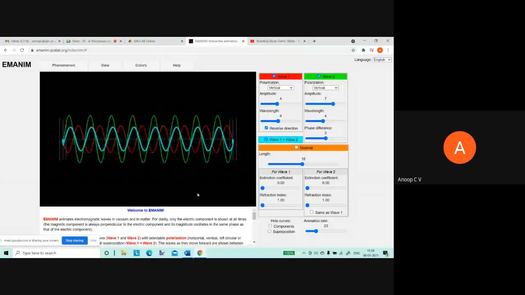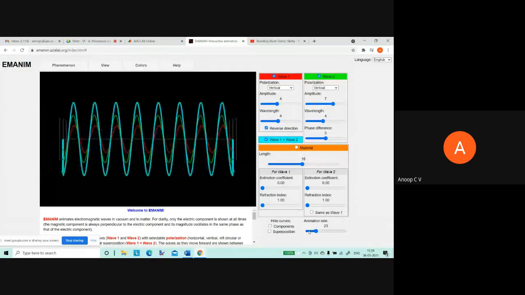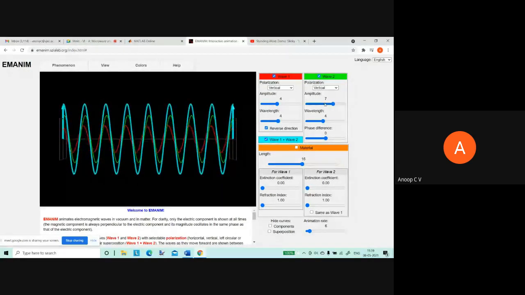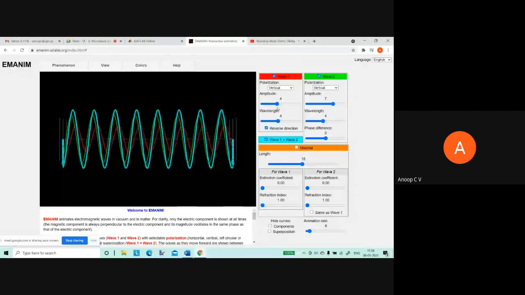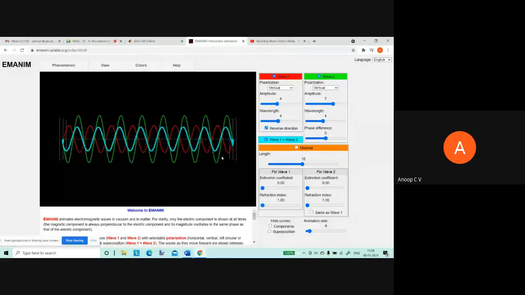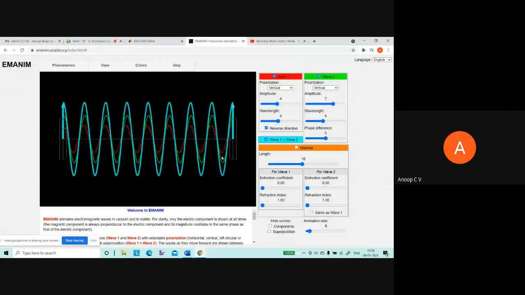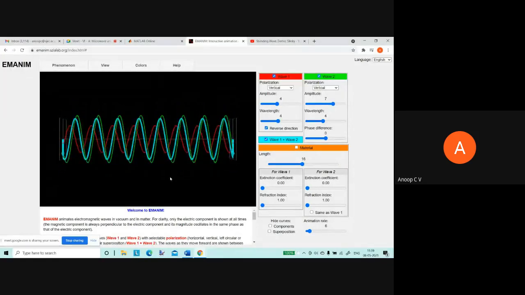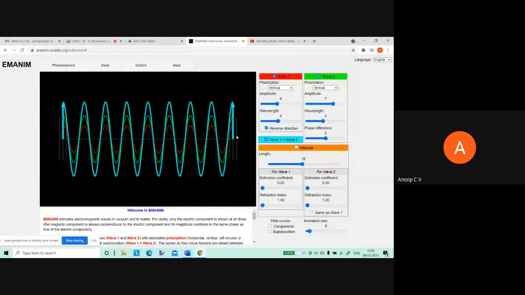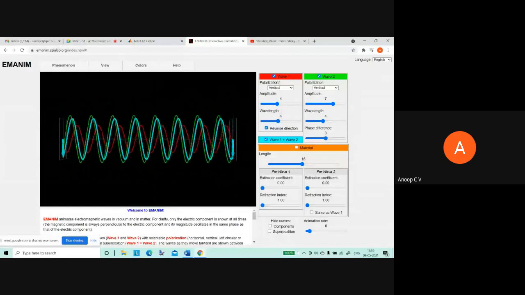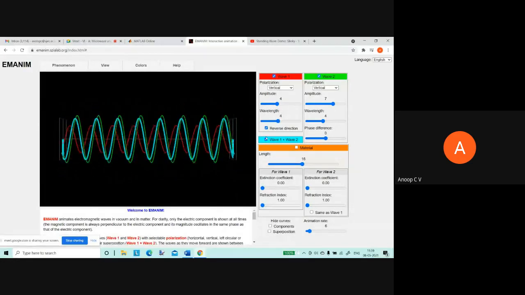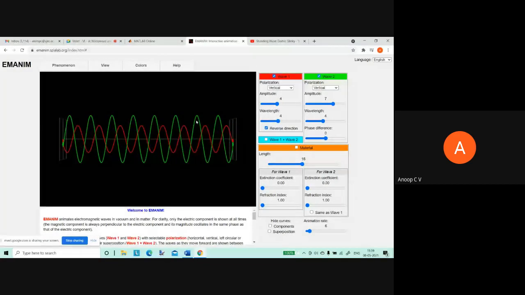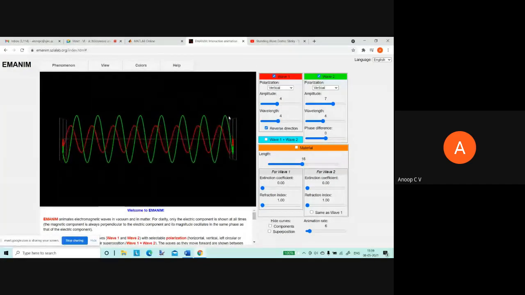There is a reason for that, even though we call it a standing wave. When the magnitudes of the forward and reverse propagating waves are not the same, we don't call it a pure standing wave. Here the load is not perfectly matched, so you can see the green amplitude is more.